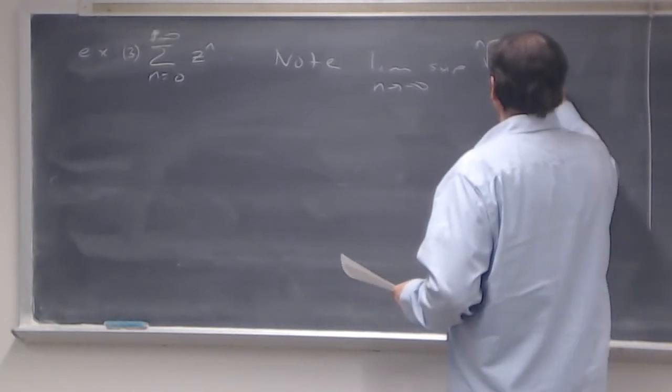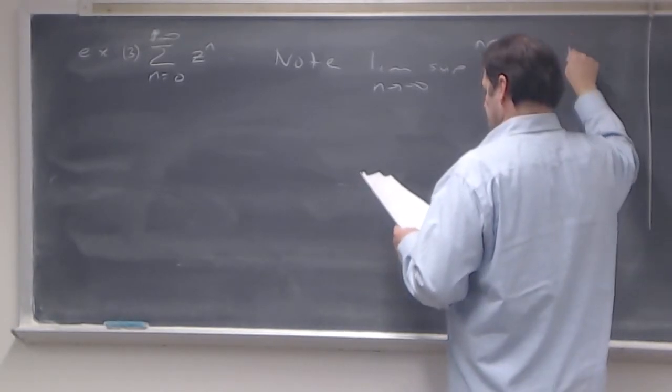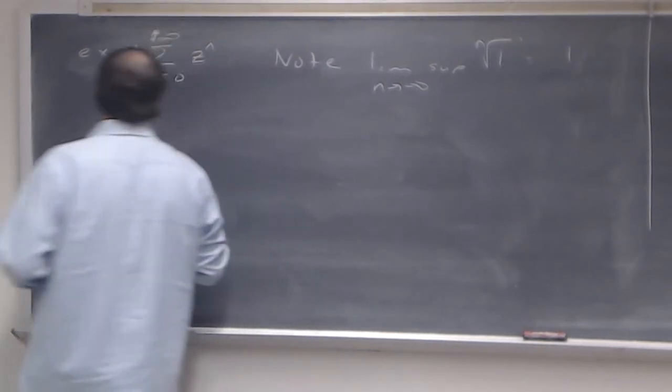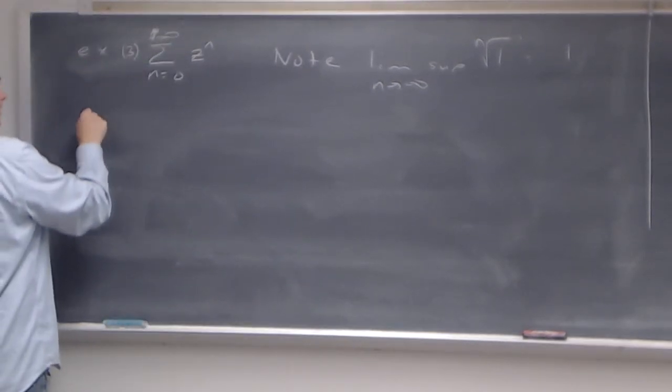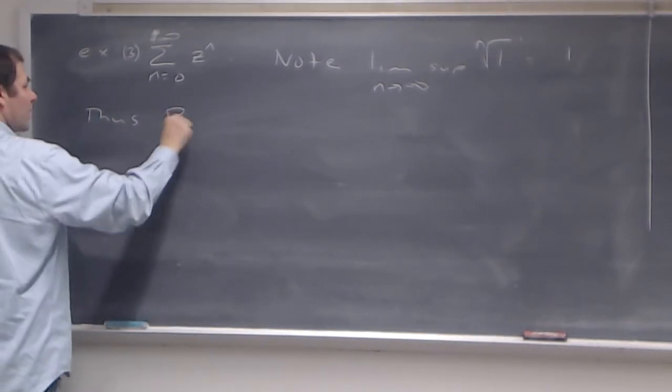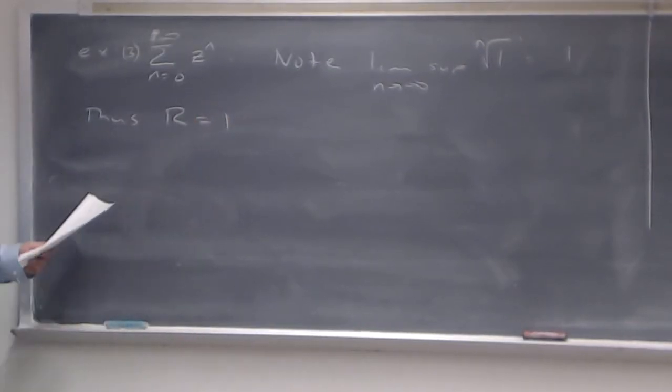And so this is just going to be equal to 1. So by that previous theorem, the radius of convergence is going to be equal to 1.